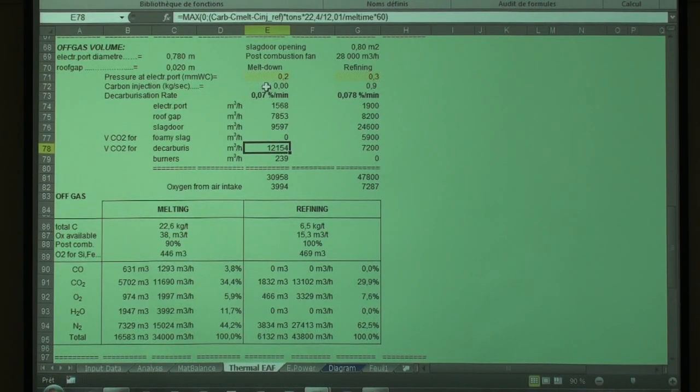And this is the decarburization during melting, so in kilograms of carbon, I mean percentage of carbon times the capacity, converted into CO, and divided by melt time times 60 to have it in cubic meter per hour. And this is the flames of the burners.